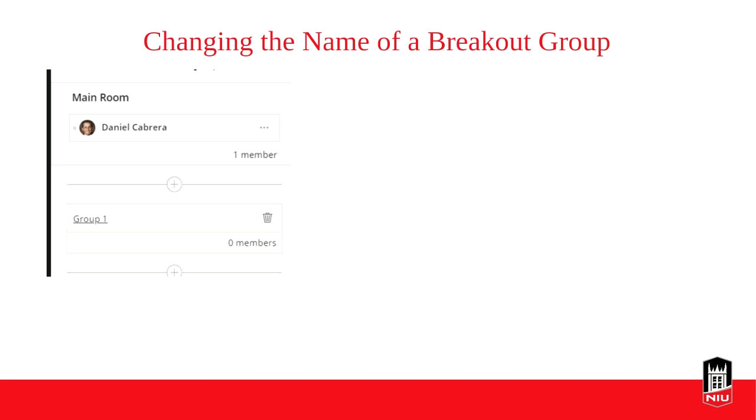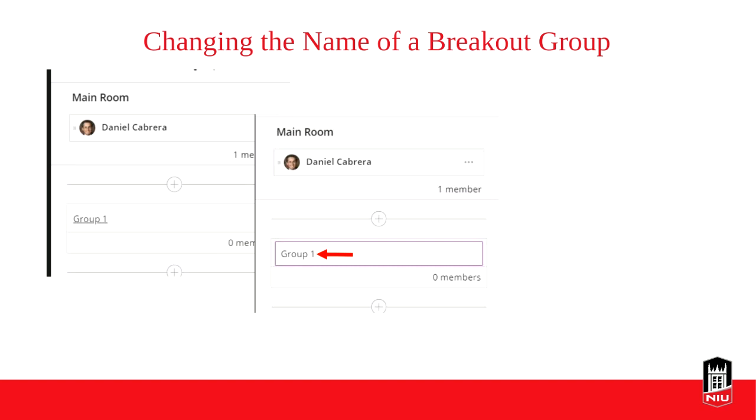All right. Also, you have the ability to change the names of the group. Now, by default, it's going to give the groups group 1, group 2, group 3. It's not very informative. But if you click on a particular group, as the moderator, you can actually type over this and give it a name that's more meaningful to you.